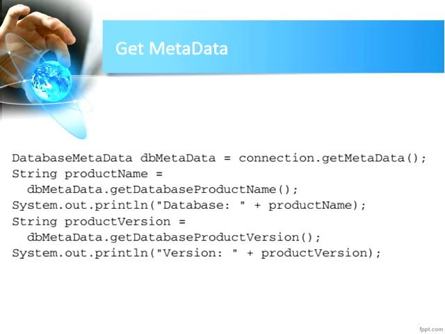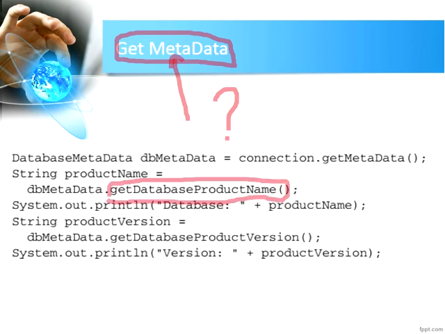We can get some metadata. So what's the meaning of metadata? Yes, information about the data or the database. For example, if we want to get the database product name, we just use this method.